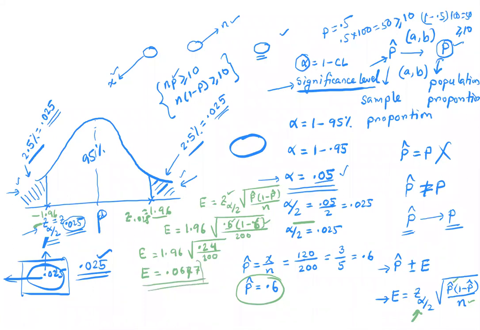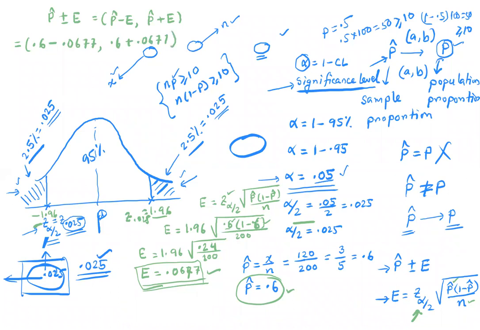So remember this value. Your confidence interval is going to be p hat plus or minus E, which is the same as p hat minus E, comma, p hat plus E. My p hat was 0.6, so 0.6 minus the margin of error 0.0677, comma, 0.6 plus 0.0677.